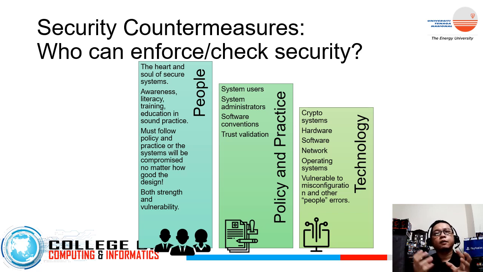And you need proper policy to ensure that people understand the importance of the implementation that you want to have. So the most important here is that you manage your people first, have proper policy, and then you have the proper technology to actually implement the security mechanism that is understood by your people.